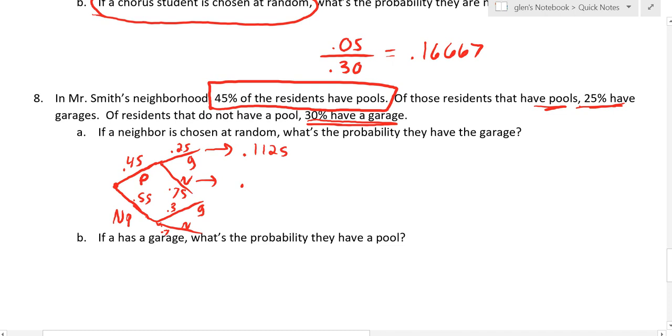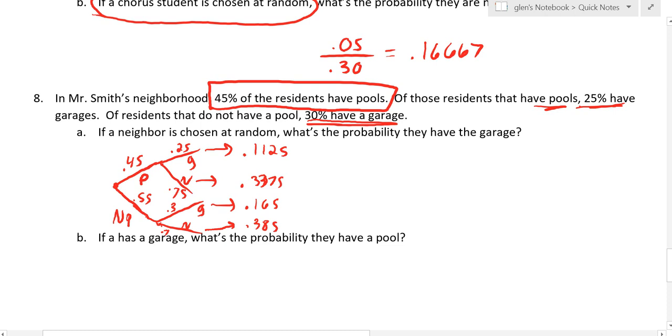It's 27 out of 80. What's that? 0.3375. Yeah. Cool. And 0.55 times 0.3? 0.165. So 0.55 times 0.7? 0.385?